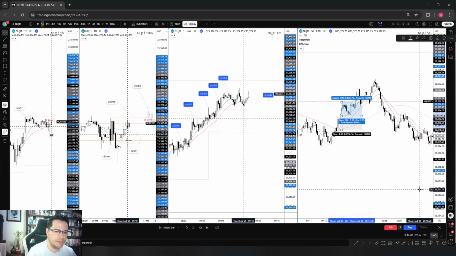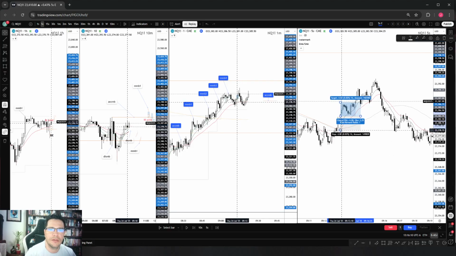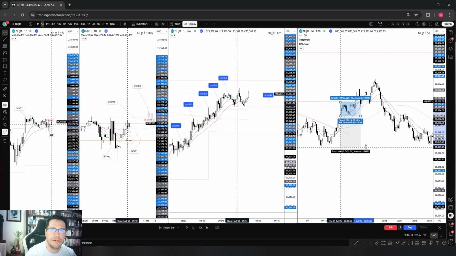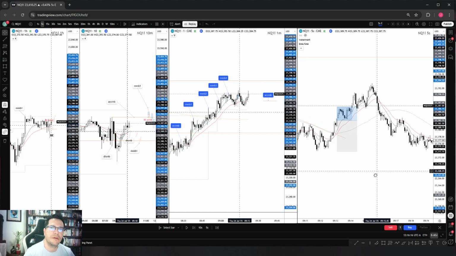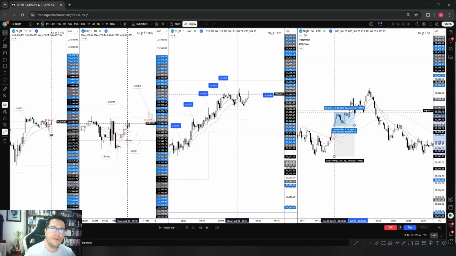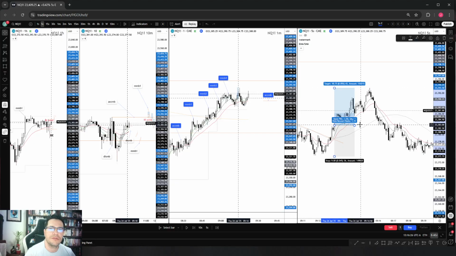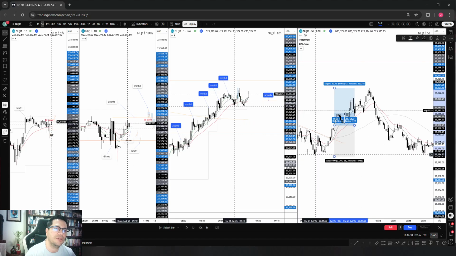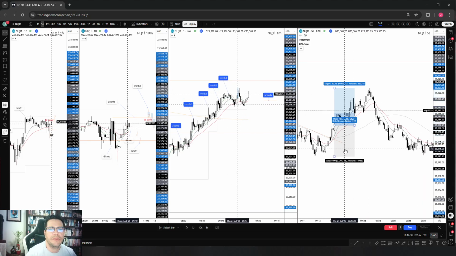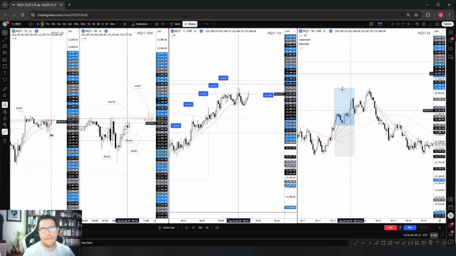So that's the right way. On one contract, this would have been our risk, and from there, this would have moved up to 1.1 RR, and then came back to break even. So actually, nothing I took due to the reasons I already explained, but it would have been a break even anyway.